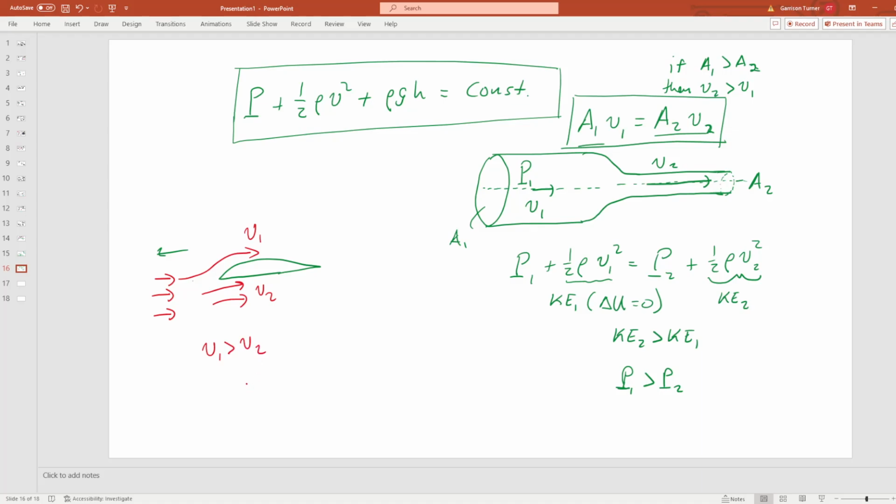is designed such that V1 is larger than V2. But if V1 is larger than V2, then that means that the pressure in region 2 has to be larger than the pressure in region 1, above the wing. And that means the force on the bottom of the wing is larger than the force pushing down on the top of the wing. And so it's this force differential.